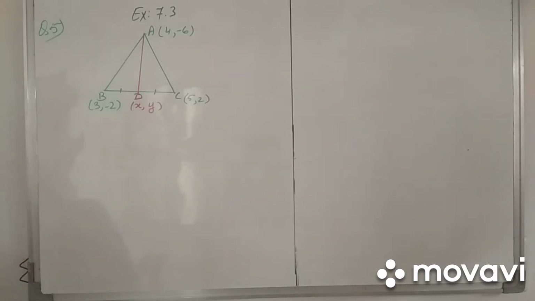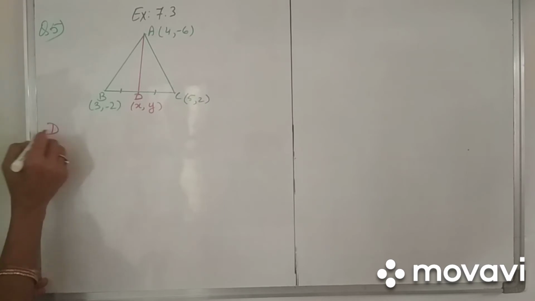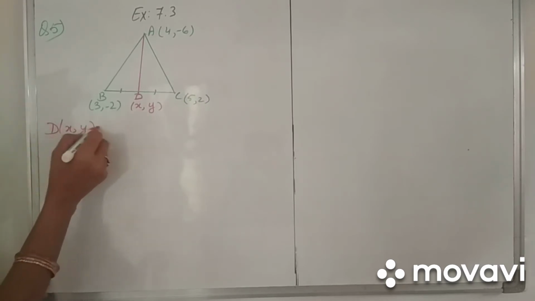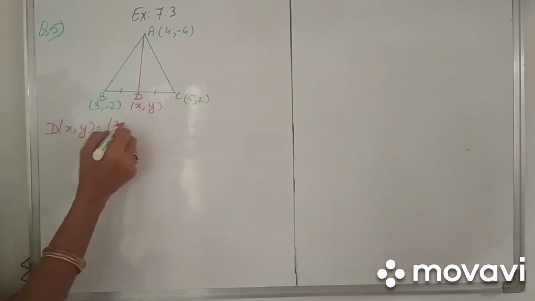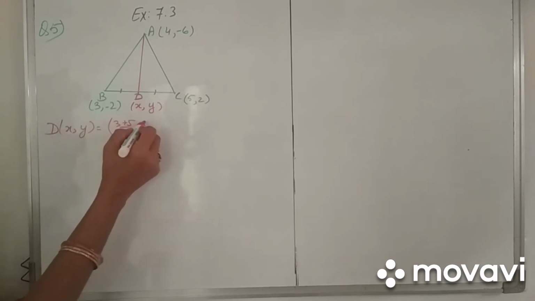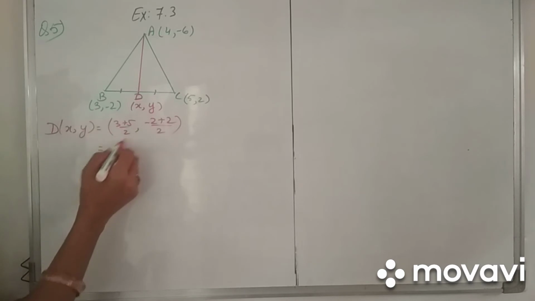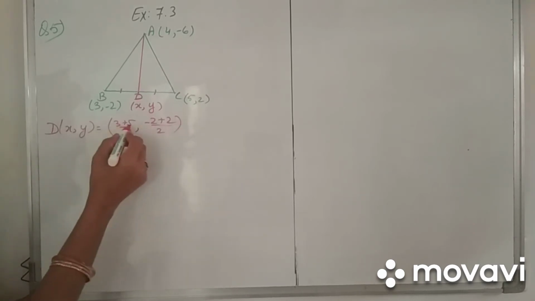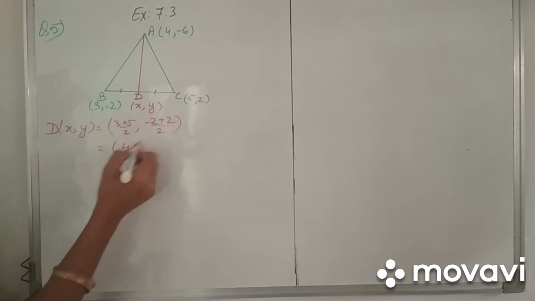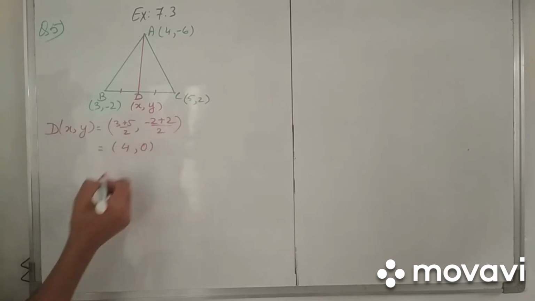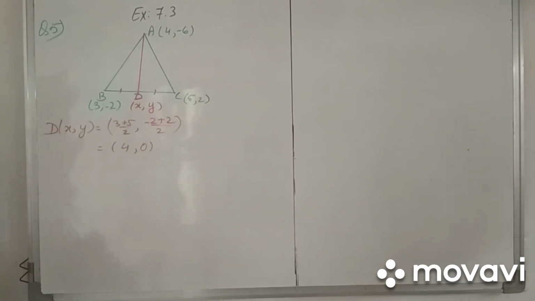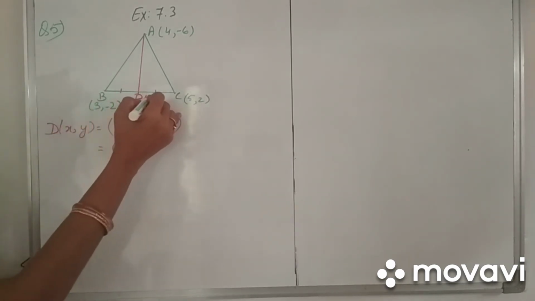As we found on the previous question, same way we will find the coordinates of D. So (3 plus 5) upon 2 and (minus 2 plus 2) upon 2, what you are getting is 8 upon 2 means 4, 0 upon 2 means 0. So the coordinates of D are 4 and 0.